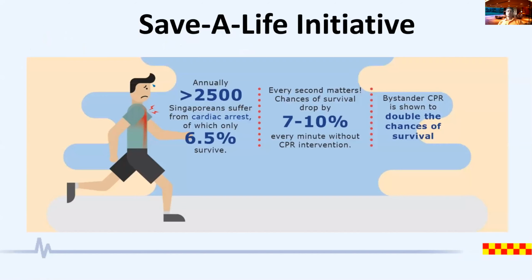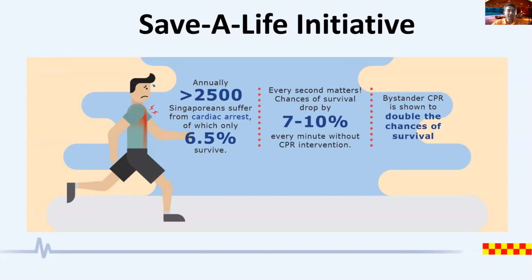So, the Save a Life initiative. If you look at some statistics from out-of-hospital cardiac arrest data collected from 2011 to 2016, there were more than 2,500 out-of-hospital cardiac arrest cases in 2016 itself, of which only about 6.5% survived.